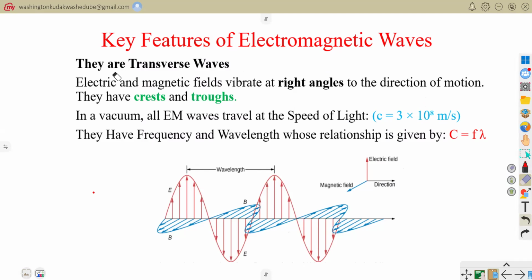Because electric and magnetic fields vibrate perpendicular, or else at right angles, to the direction of what? Of motion. And there exist crests as well as troughs, so that we can determine our wavelength as the distance between two consecutive crests or two consecutive troughs.